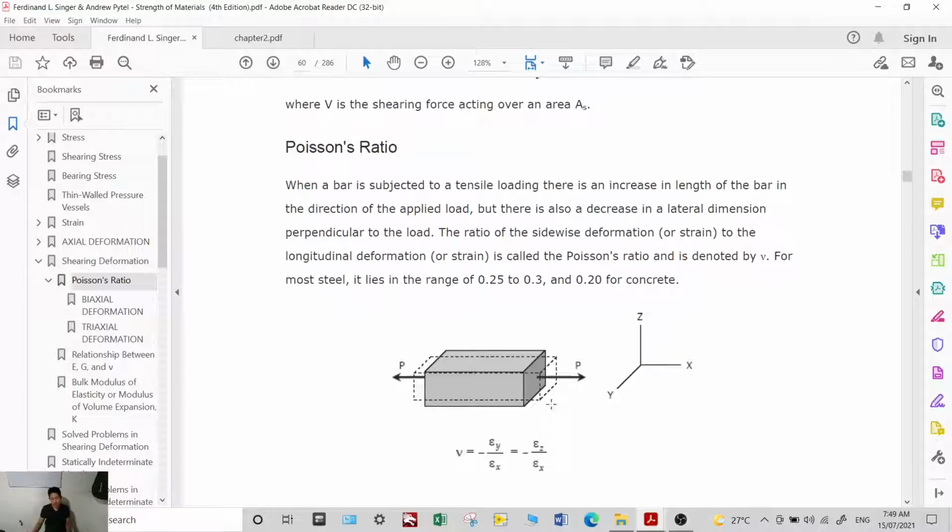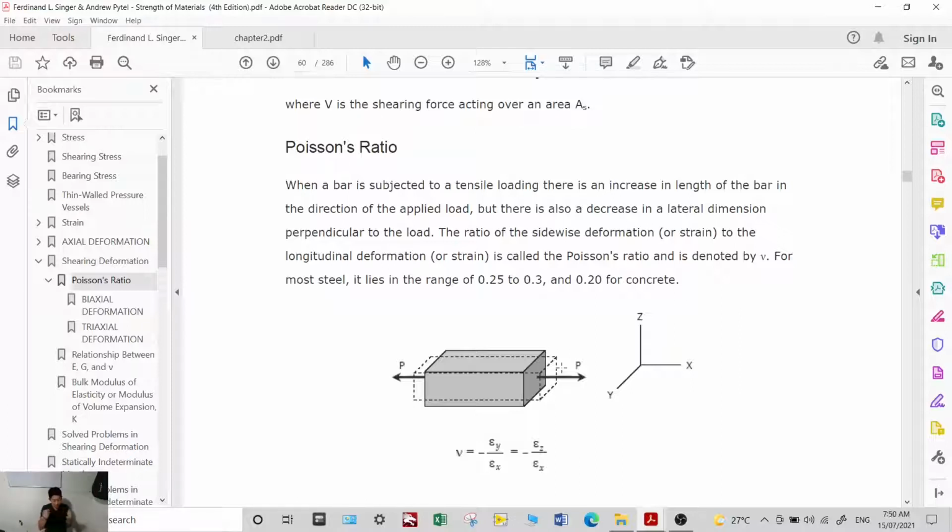But also, you will observe that its length decreases in the direction of the y and z axis.